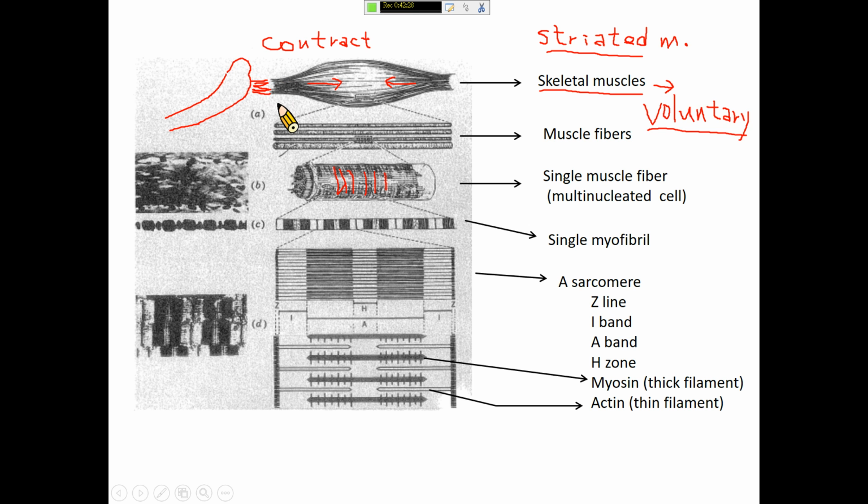Now, how do we get the maximum force? Of course, if all of the muscle fibers are being contracted, then you get the maximum force. That's one way to get the maximum force.